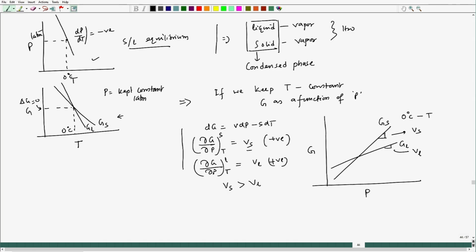Let us consider that this is for 1 mole transformation, and this point is nothing but 1 atmosphere if we keep the temperature at 0 degree. In fact, any point, let us say the temperature is fixed. At this point I should experience a different pressure, let us say P prime. Let us say the temperature is changed to T prime, and that time this point should have been P prime.